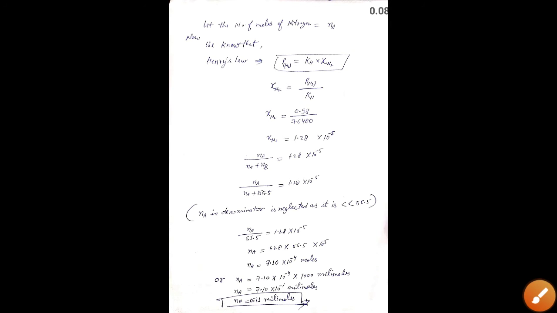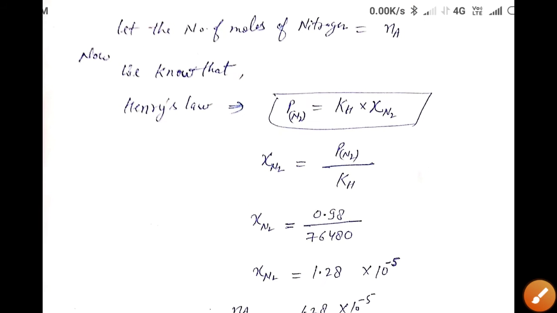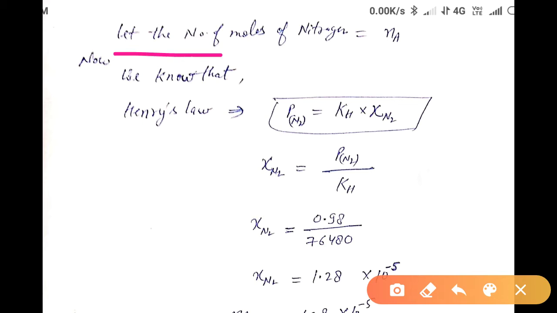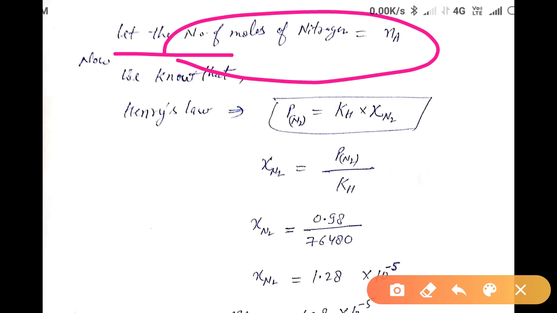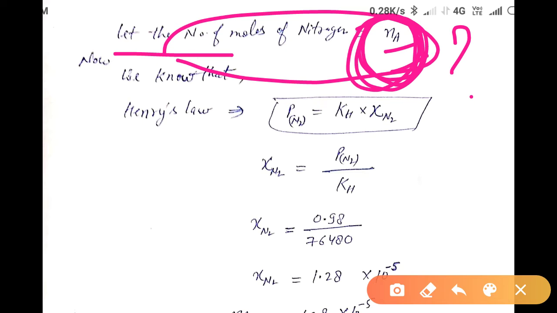Now let the number of moles of nitrogen be Na, in moles, not in millimoles. This is what we need to find out.